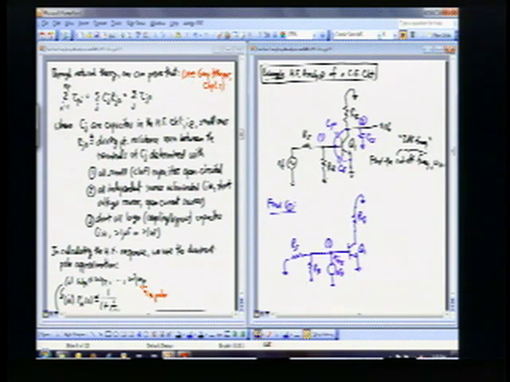And from that voltage source, I'm going to determine the driving point resistance. So the driving point resistance at that point, which I'll call R1, is going to be equal to Vx over Ix.